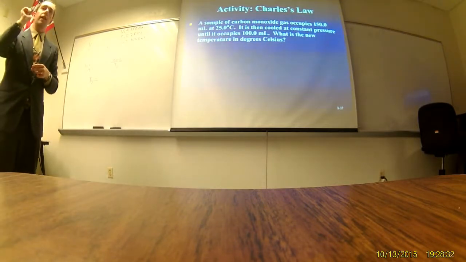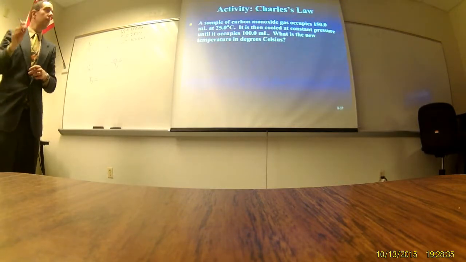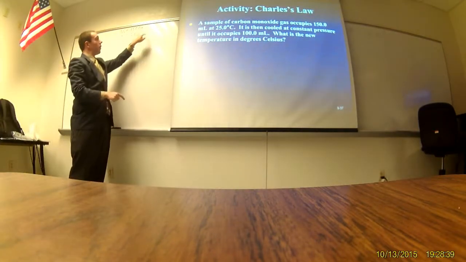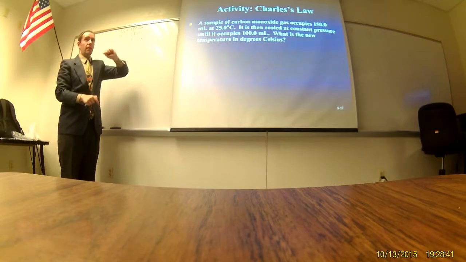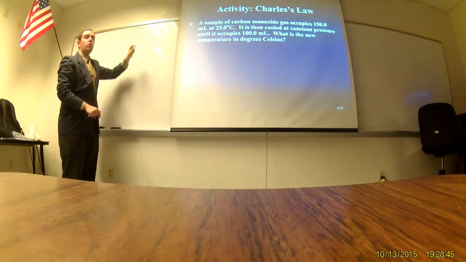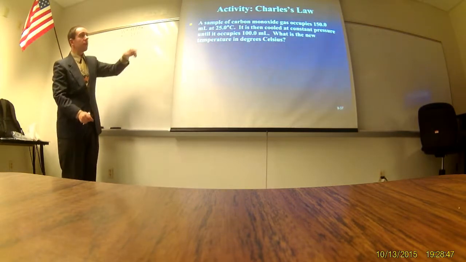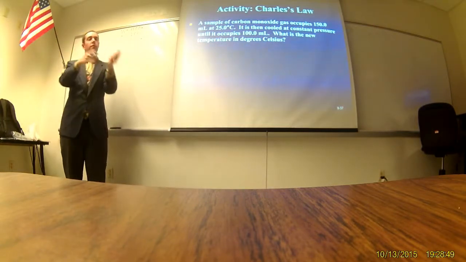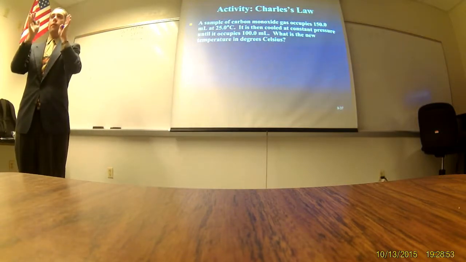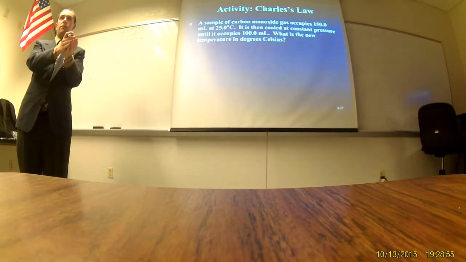Correct. But you get out whatever you put in. So we're putting in milliliters. As long as they're both milliliters, we're okay. We can't have milliliters and liters. You may run across a problem where one is given in milliliters and one in liters. It doesn't matter which one you use, but you have to convert one of them to the other unit.